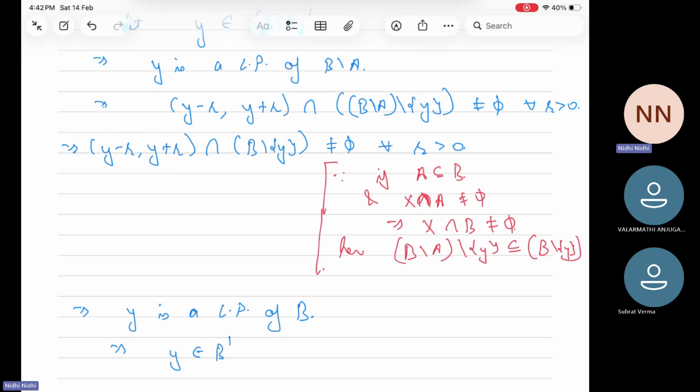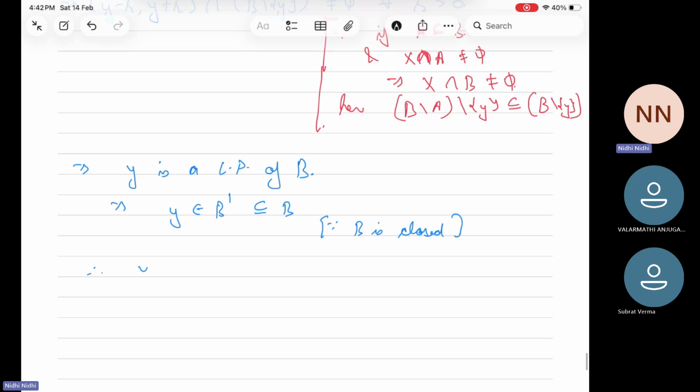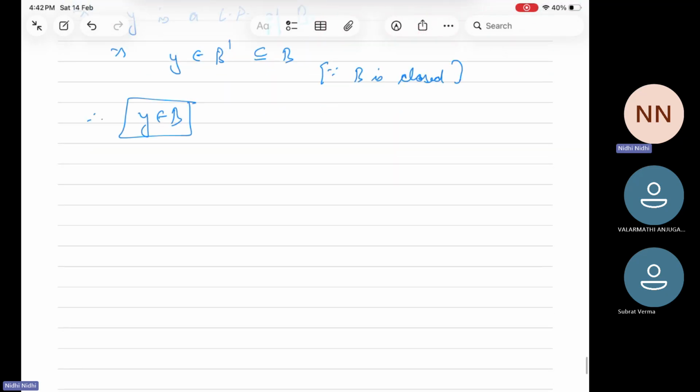Now, since we are given that B is a closed set, B' is a subset of B. Therefore, y belongs to B. Next, we will show that y does not belong to A. Suppose, if possible, y belongs to A. Now, since A is an open set, A is equal to A naught.